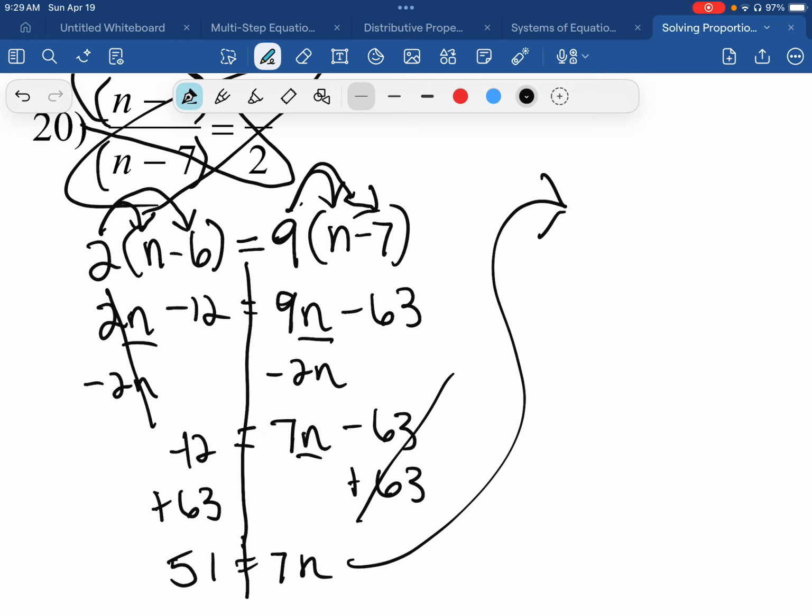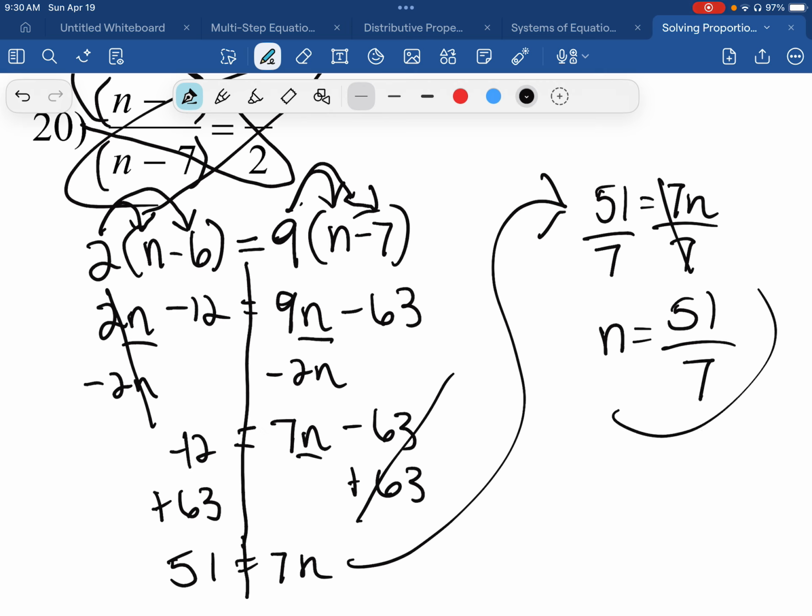And now let me rewrite our equation where we're at here. So now we can divide both sides by 7, and we can get n equals 51 over 7.